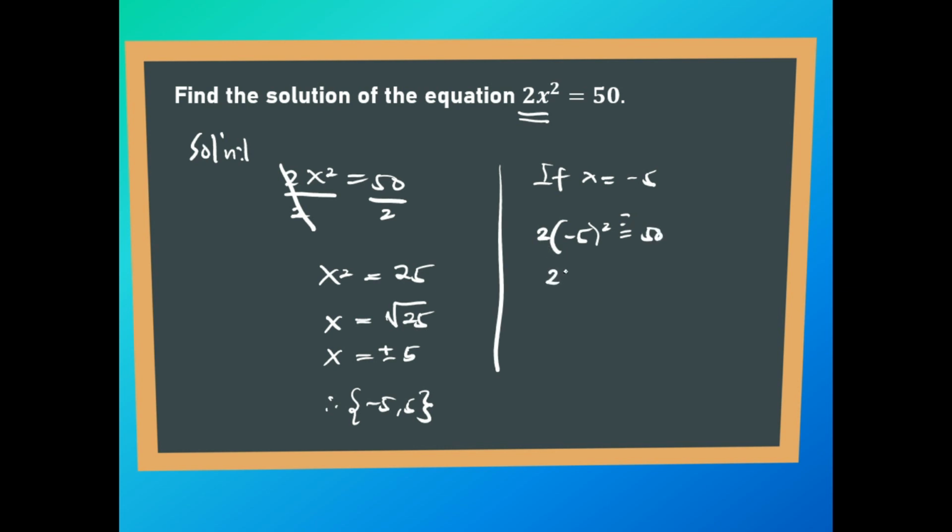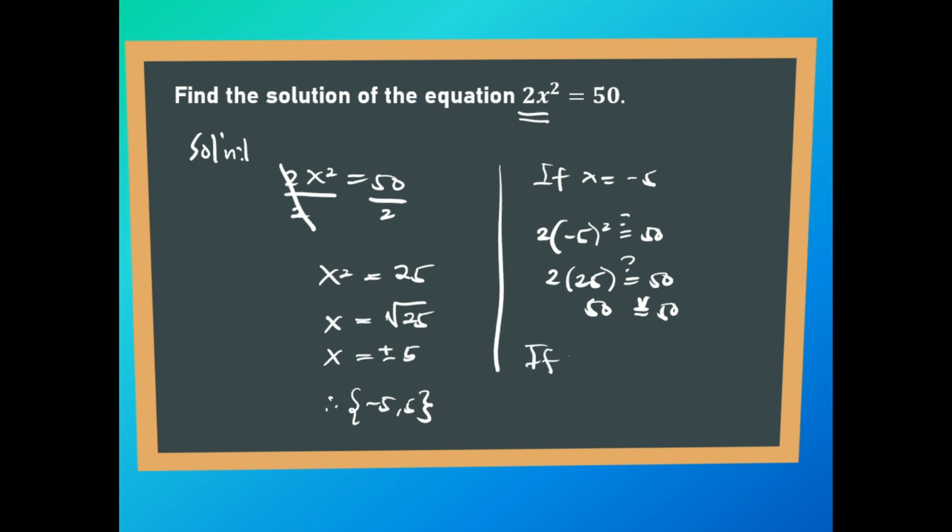Wag mo munang i-multiply yung 2 tsaka negative 5 kasi naka-raise siya. Yung negative 5 naka-raise into 2. So i-raise muna natin ito ng 2. So negative 5 squared is 25. This is equal to 50. So 2 times 25 is 50 is equal to 50. Ibig sabihin, tama yung answer natin na negative 5.